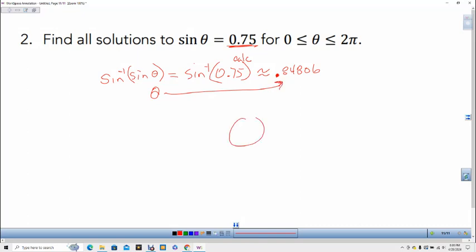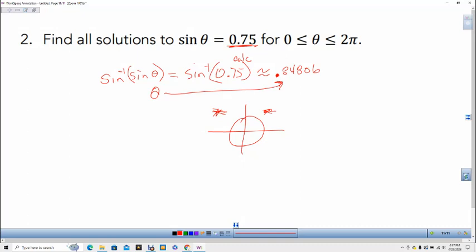So then we need to think about where we are and what we've got. Sine that's positive is only going to happen in quadrants 1 and 2, because remember sine is my y value. And this number right here is going to be in quadrant 1. Now why do I know that?